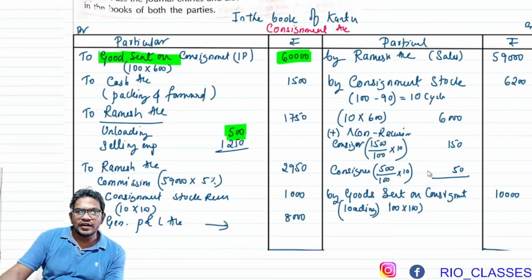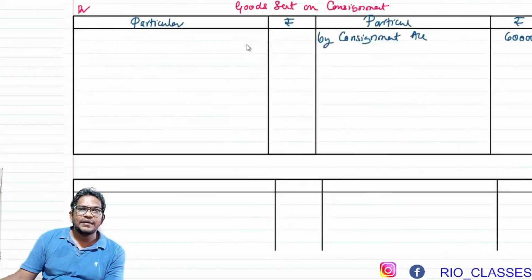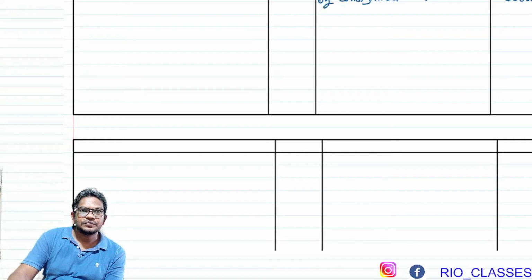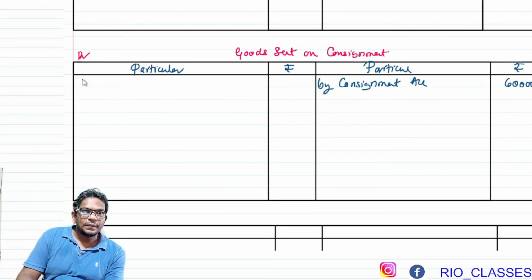All right. Similarly, have a look here, my dear student. Here also we mentioned goods sent on consignment 10,000. We have a credit, make a debit to goods sent on consignment account.